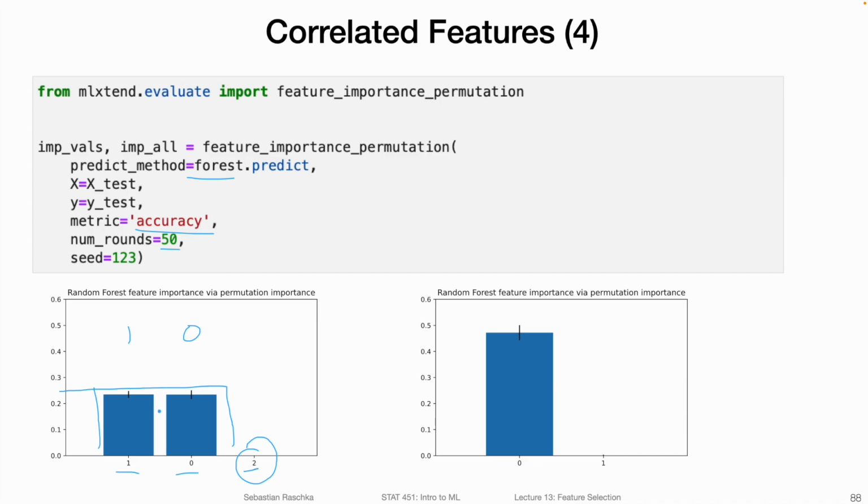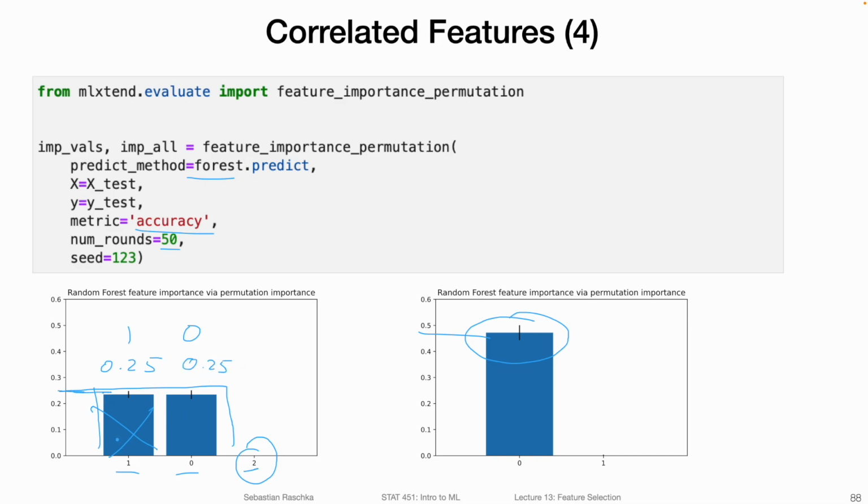Now, just as an experiment, the code is not shown here, but if I were to remove one of the features, for example this feature, what we would see is that the other feature takes over. So it's almost twice the performance. Here we have, let's say, approximately 0.25 and 0.25.